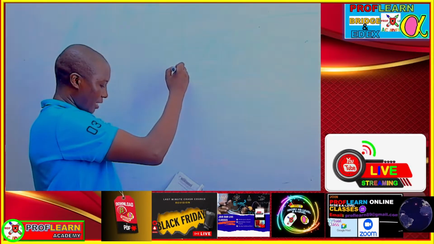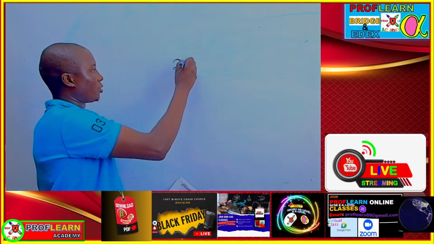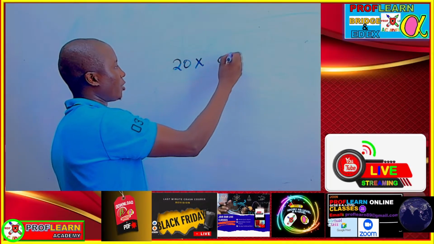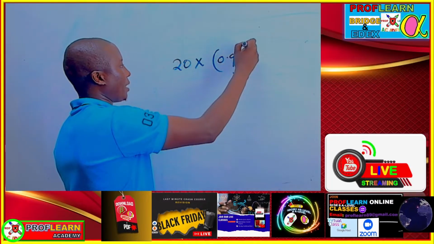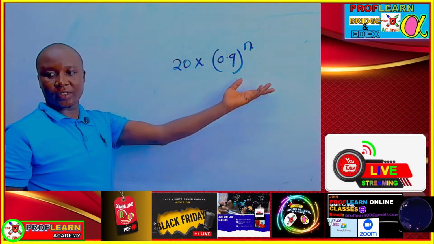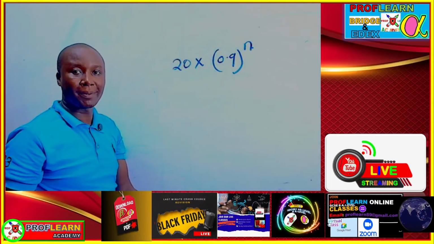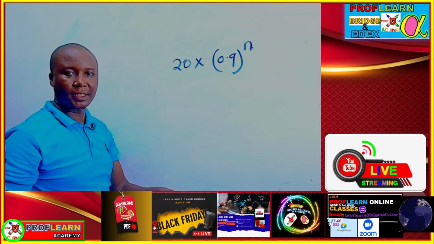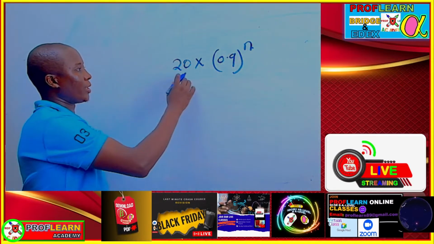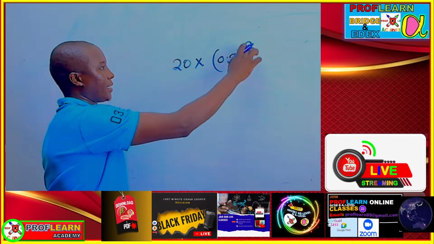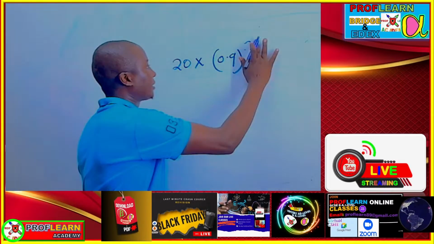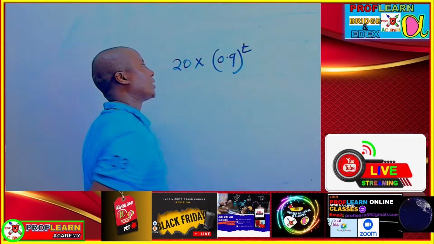So if it started with 20 grams, it will be 20 times 0.9 raised to power n, so that we can know what's remaining after every time, because it's decaying at 10%. Here n is the number of durations or the time taken, and in this case I can say this is t, time taken.